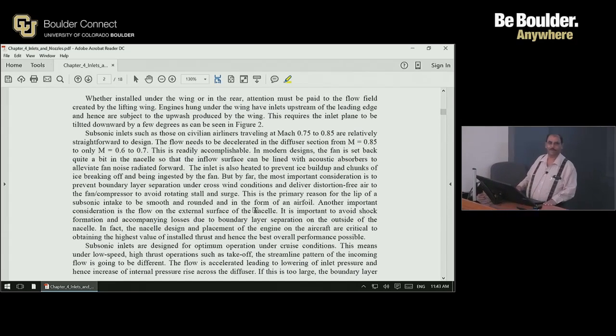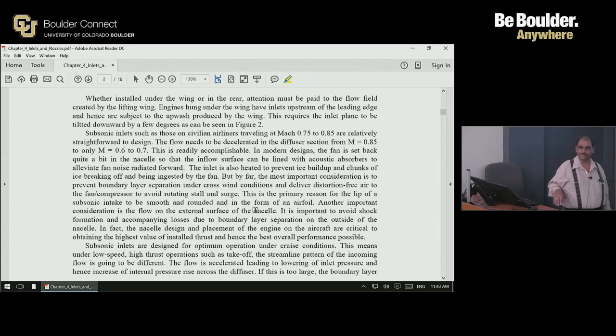Now, before that, of course, static testing involves, once again, strong crosswind. There are huge fans generating crosswind, and the engine is tested under those conditions, data collected, and then, of course, when it's mounted to the aircraft, the whole aircraft goes through the certification process. Once again, they go to a place which is well known for strong crosswinds, and they test the aircraft and take additional data for certification purposes.